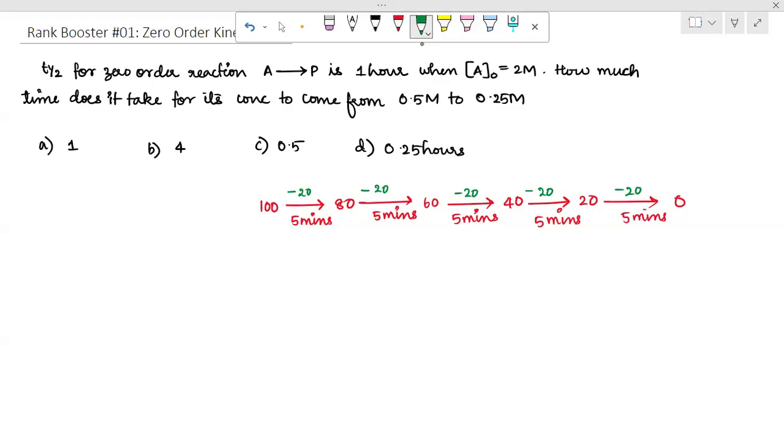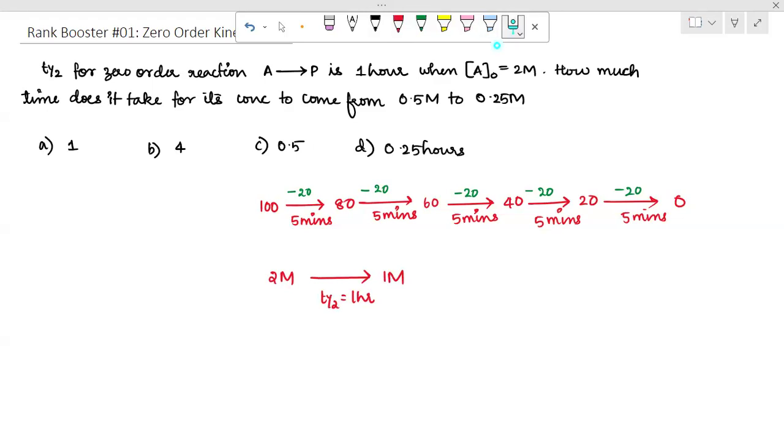It is said that the T half for a zero order reaction is 1 hour. Meaning, we'll start with 2 molar. As T half mentioned is 1 hour, it means that the concentration will become half of the initial concentration in 1 hour.